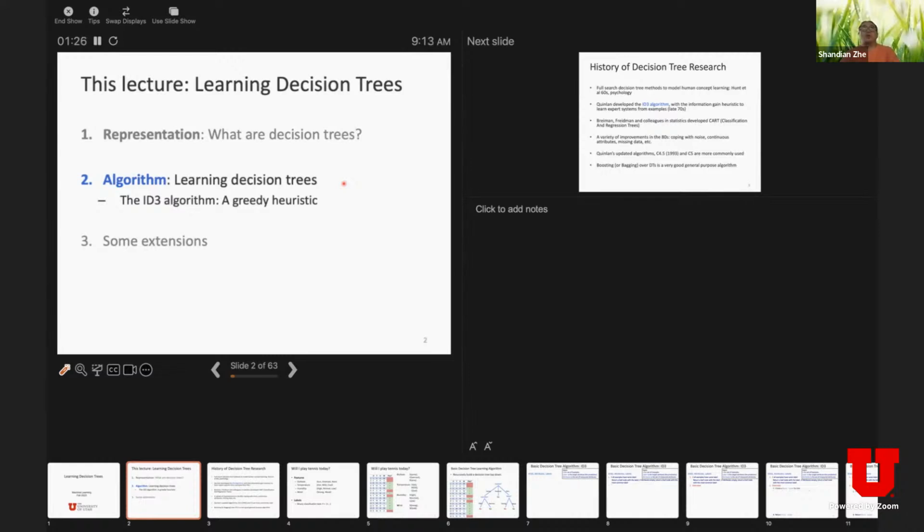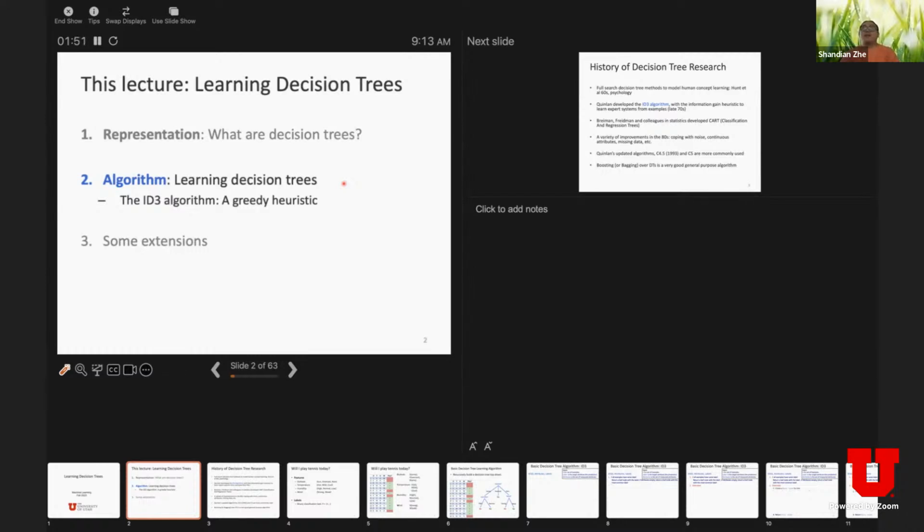So could anyone recall or summarize what a decision tree is? Any thoughts? There's no need to be shy. What is a decision tree?